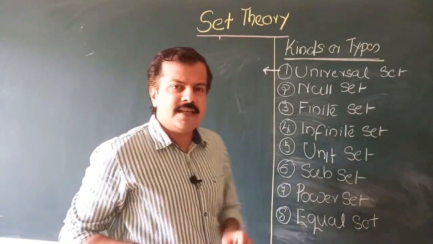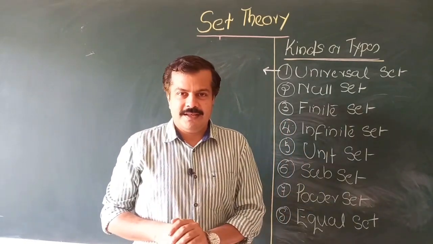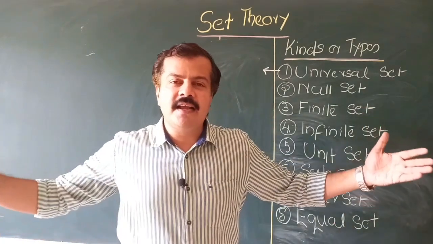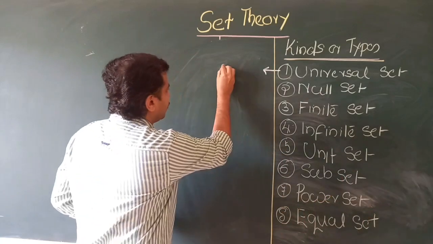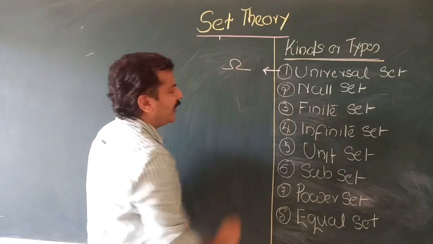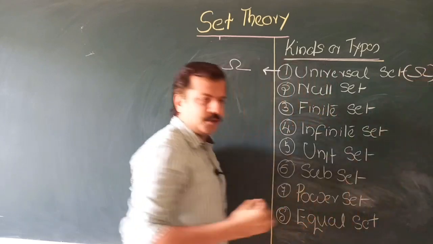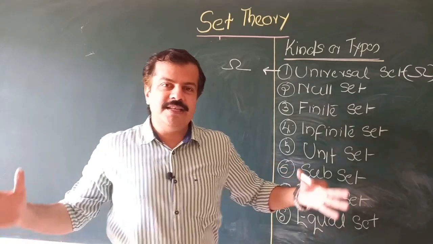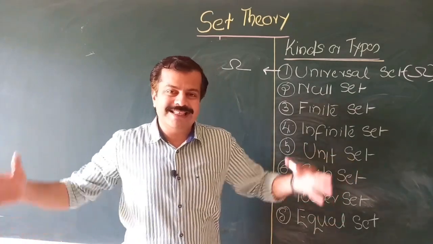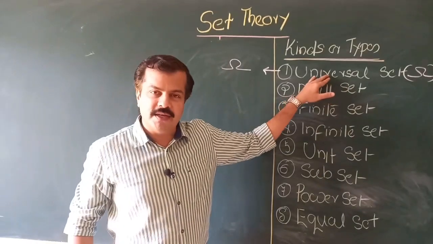Universal set is an all-inclusive set, that means a set containing everything. It is usually represented by the symbol omega. The original all-inclusive set is known as the universal set.